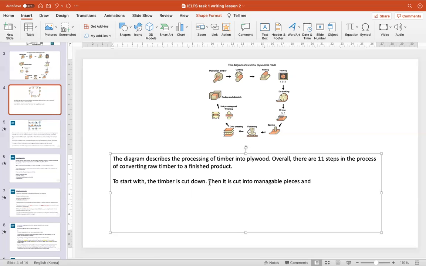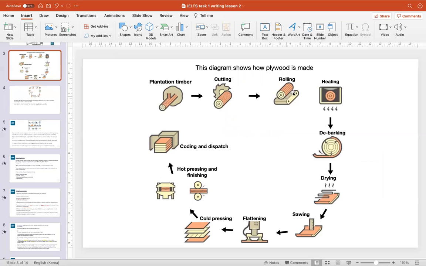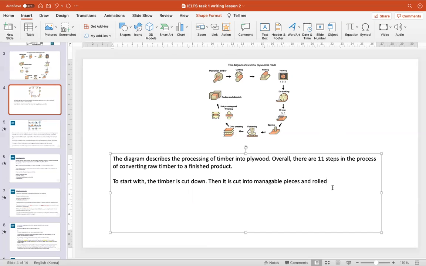And we need to go to the next step. Rolling it, to where? Rolled somewhere. I'm not an expert in timber manufacture, but I think they roll it to make sure that it's round, or to get any bumps or lumps off the outside of it, I guess. Okay. So it's cut into manageable pieces and rolled to ensure it is smooth, something like that, right?